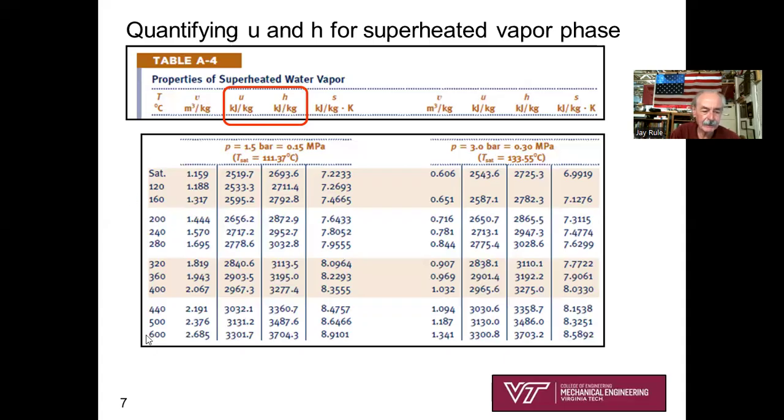Now, on the rows, the left-hand column is temperature. And so for superheated vapor, it takes pressure and temperature. Those are two independent properties in the superheated zone. So you'd have to know your temperature, and then you'll just go along to the intersection point to look up U or H at your pressure and temperature combination.